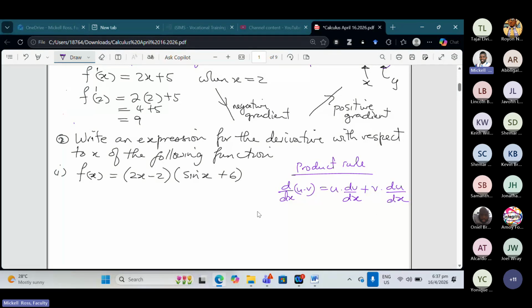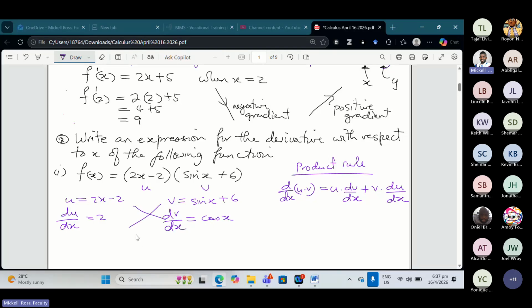So if we say that this is u and this is v, then u is equal to 2x minus 2. So the derivative of u with respect to x is going to be 2, and v is equal to sine x plus 6. So the derivative of v with respect to x, differentiate sine, we just get cos x.